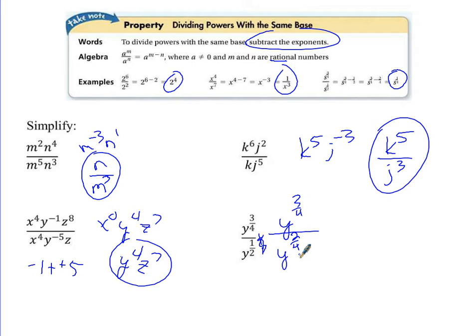Now we can subtract. 3/4 minus 2/4 is 1/4. So y to the 1/4 is your answer. Is there anything else that we need to do there? There's no negative exponent. There's no numbers to simplify. So you're done.